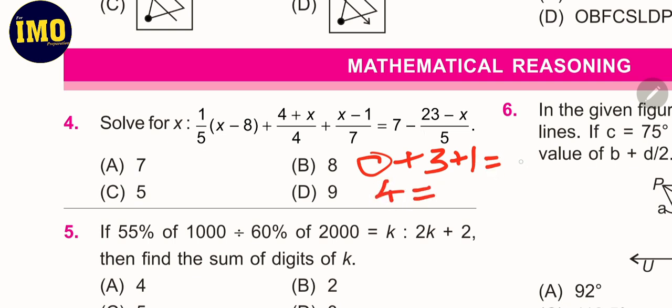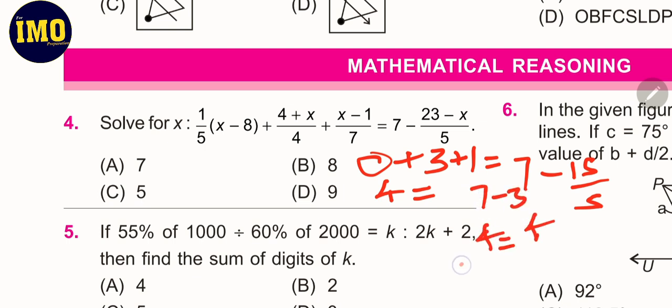Similarly on the right, it's 23. 23 minus 8 is what? 15. So 15 divided by 5 is 3. 7 minus 3 is equal to 4. So 4 is equal to 4. So the best value is 8. 8 is our answer. Okay.